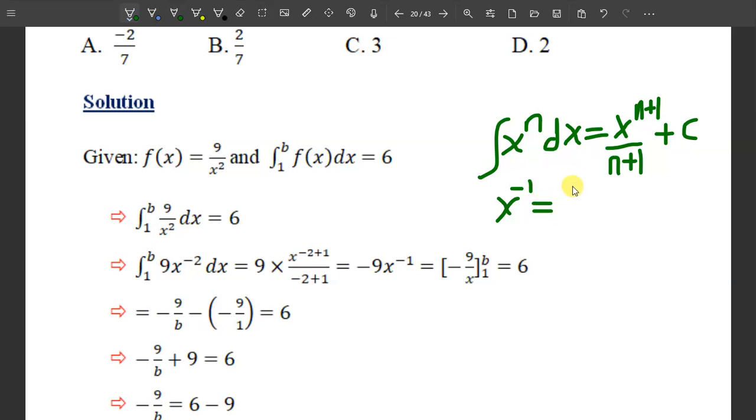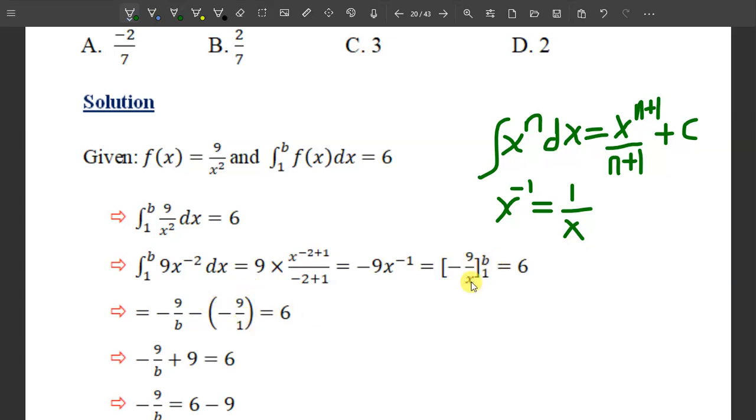Therefore, what we have to do is just evaluate minus 9 over x from 1 up to b. First, replace x by b, and then subtract the expression where x is replaced by 1, which means minus 9 over b minus, since we have the original minus here, minus 9 over 1.